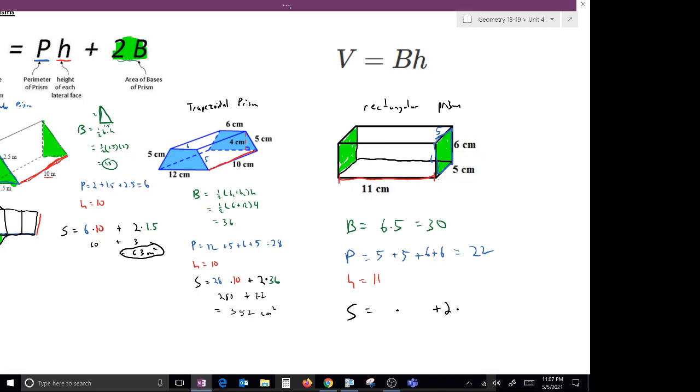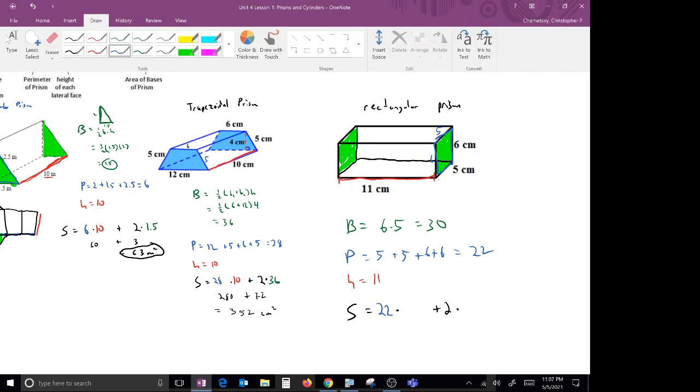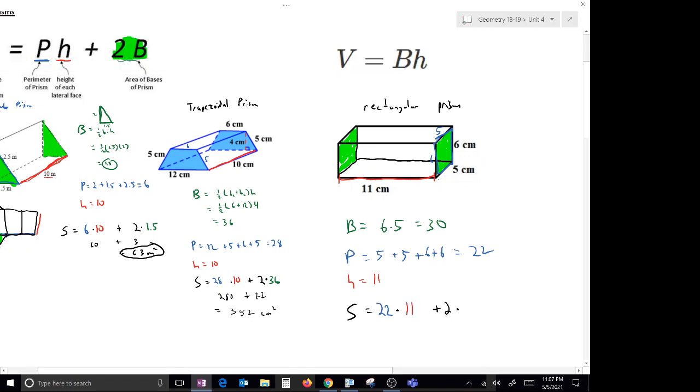Keeping our color code, so 22 times 11 plus 2 times 30.